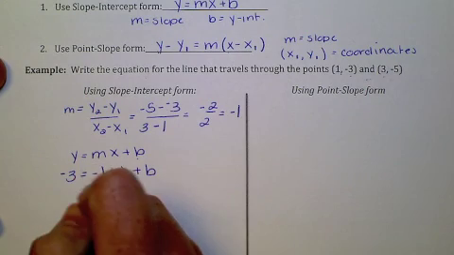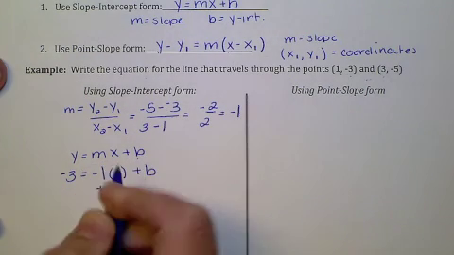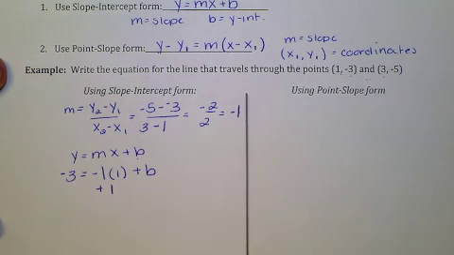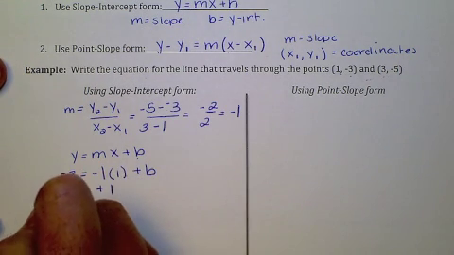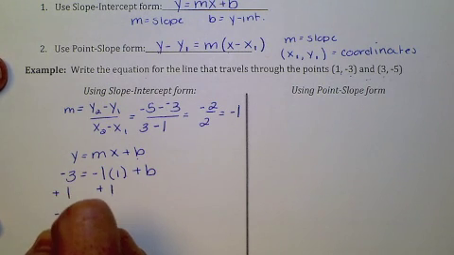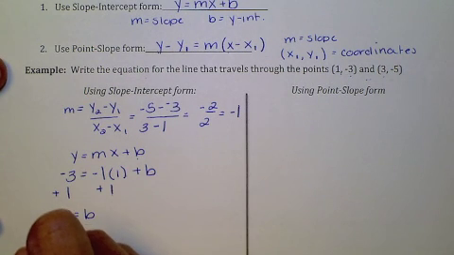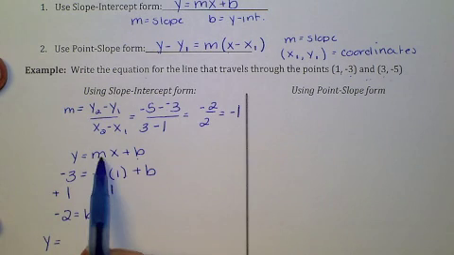So this is -3 equals -1 plus b. I'm going to add the 1 over here because this simplifies to, I'm sorry, it simplifies to -1. You got to add it to the other side then to get b by itself. So this is -2 equals b. There's my y-intercept. Now I just plug back into slope-intercept form.